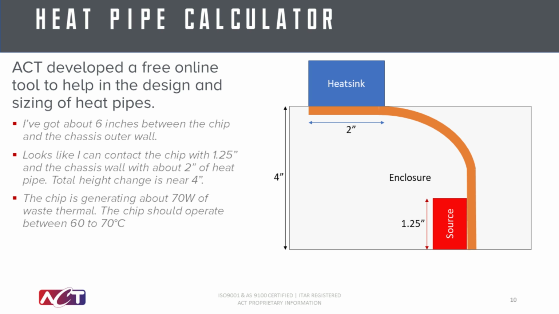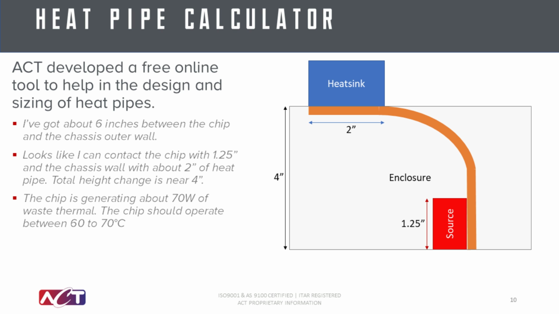You can imagine an enclosure with a source on the inside, and you'd like to dissipate the waste heat from that source to a heat sink on the top of this enclosure. Given that we have about 6 inches between the chip and the chassis outer wall, we understand how much contact we can make with that heat pipe and the delta change in height, the delta H, I'll say, between the source and your heat sink.